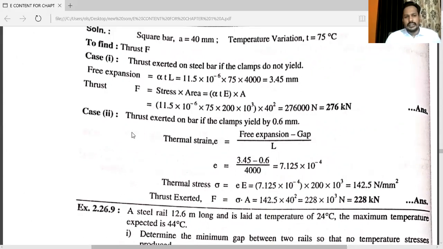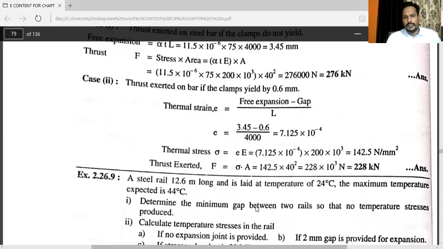For the second case, the thrust exerted on the bar if the clamps yield by 0.6 mm, the formula will be free expansion minus gap, upon L. You have the value of free expansion and the gap, and the remaining terms are the same, so you will get the answer for the given problem.